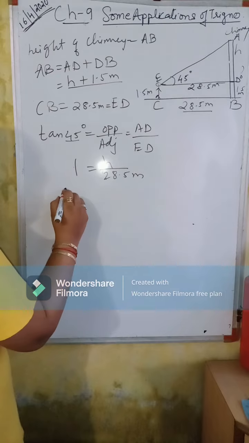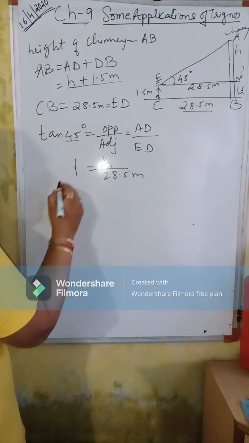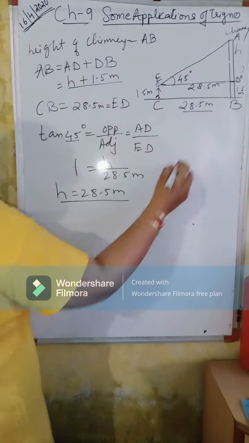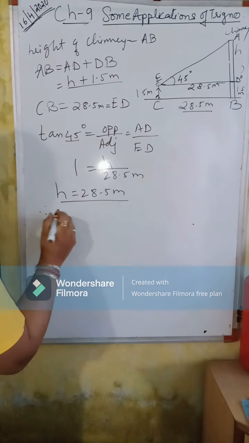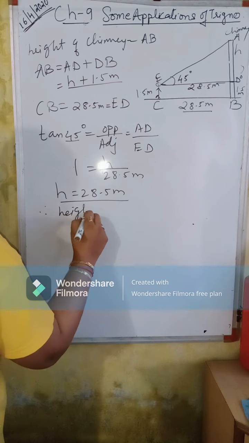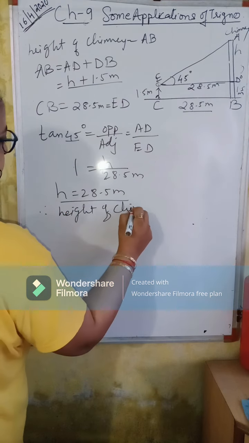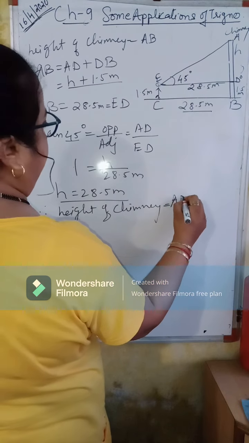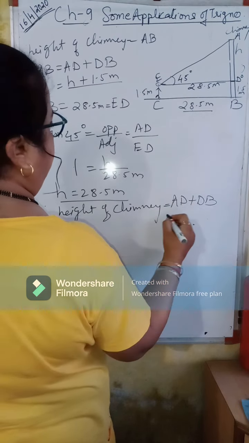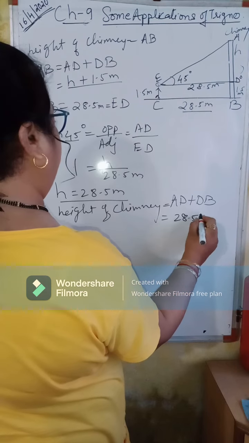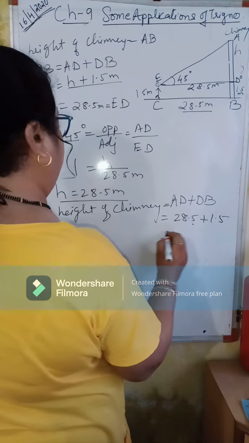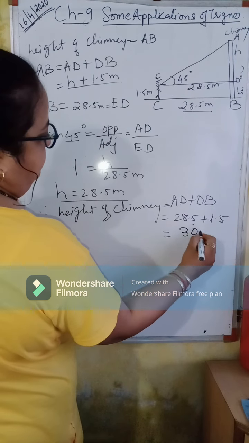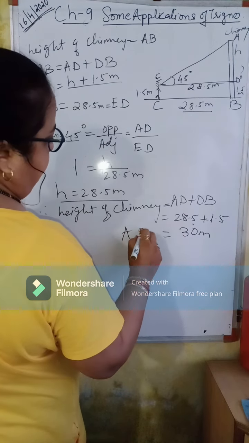Put here H is equal to 1 into 28.5, that is H is 28.5 meters. This part you got. Therefore, height of chimney is equal to AD plus DB, that is 28.5 plus 1.5, that will be 30 meters, that is AB.